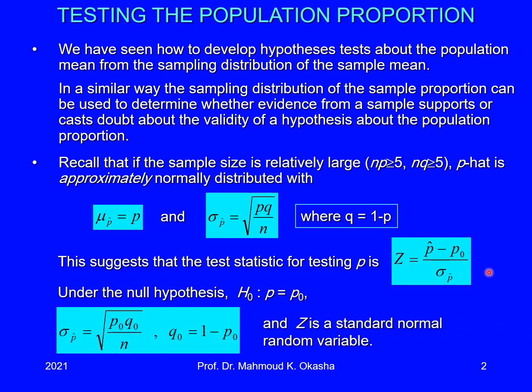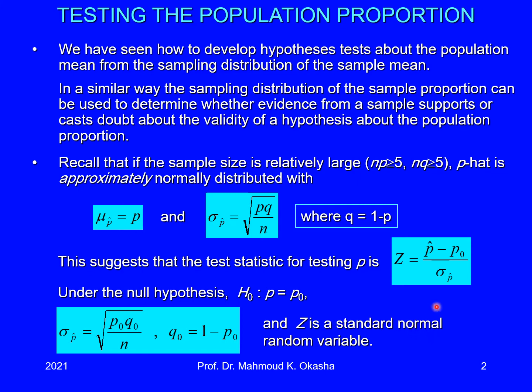Also under the null hypothesis, the standard error of p hat, sigma p hat, will equal the square root of p naught times q naught over n, where q naught equals 1 minus p naught. And the z value in this case has a standard normal distribution.